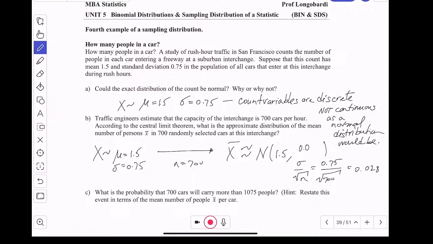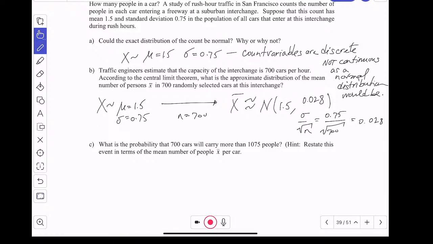So this is where I get to use the central limit theorem to approximate the number of people in 700 cars. Now notice, this is the total number of people, but this information is about the average number of people in a car.